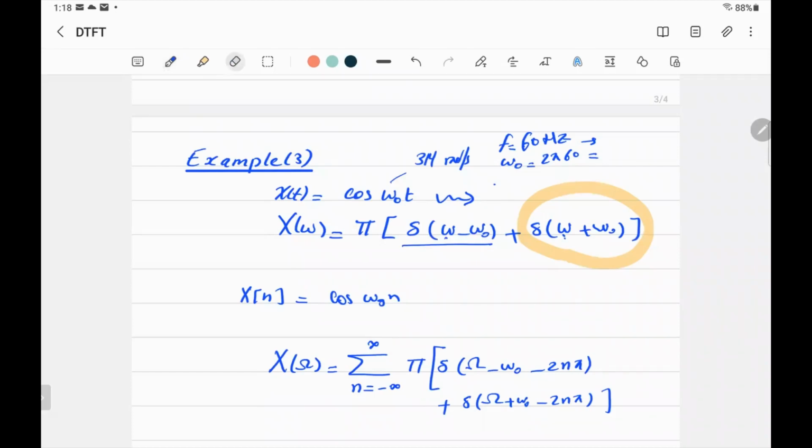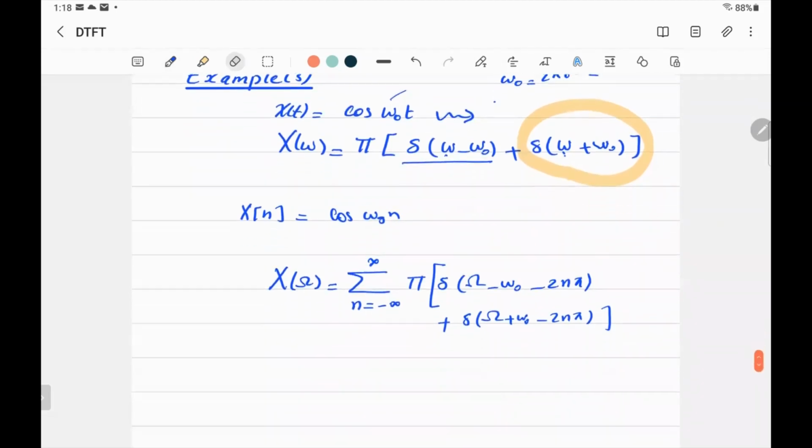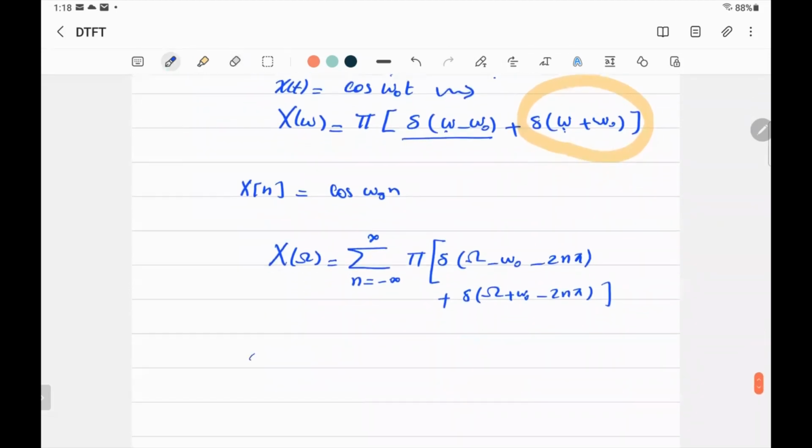Okay. So that's 376. So if you have this one, x of t equal to cosine 377 t, that means you have a cosine wave or sine wave, and this cosine has frequency 60 hertz, which is corresponding to 377.